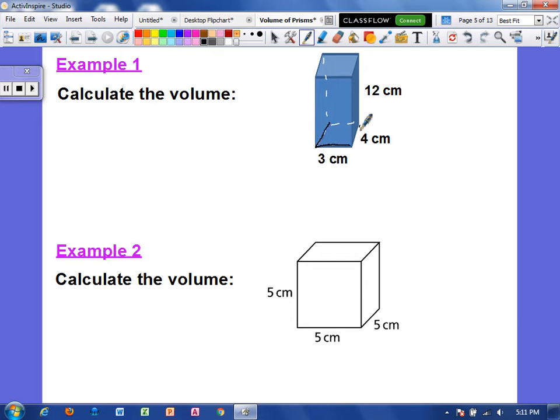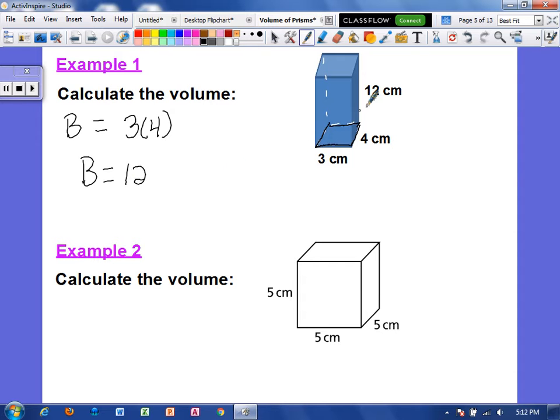So here's the base. Now the base is a rectangle and it has dimensions of 3 and 4. So for the area of the base, we would do 3 times 4 because it's a rectangle, so the area of the base would equal 12.